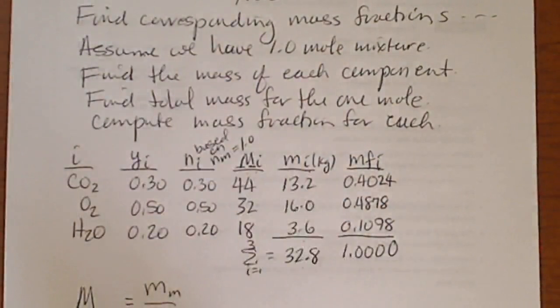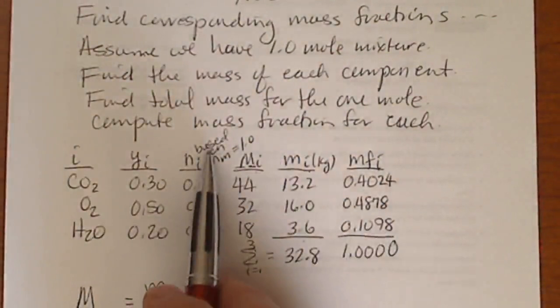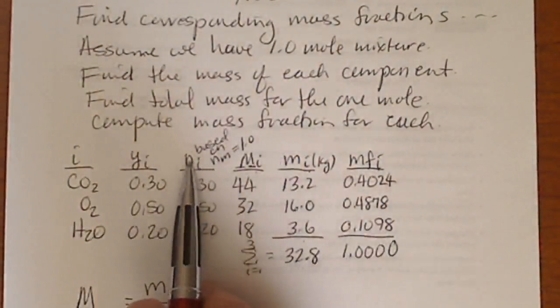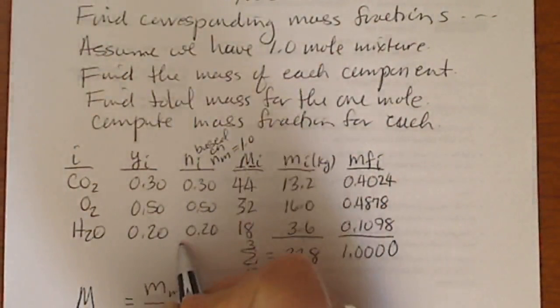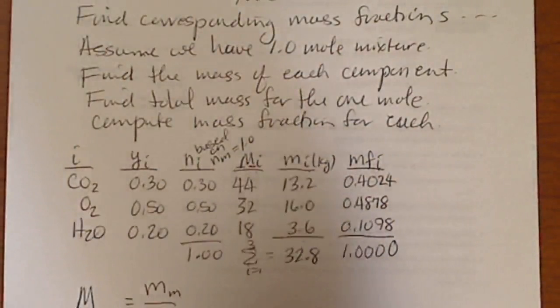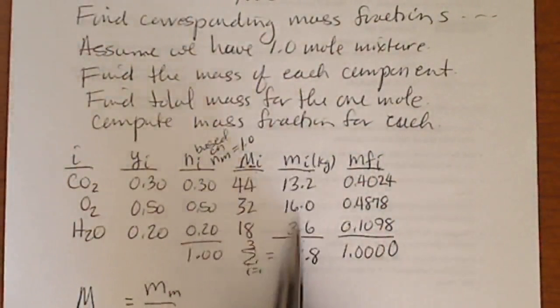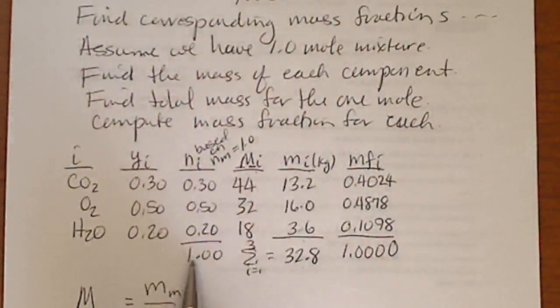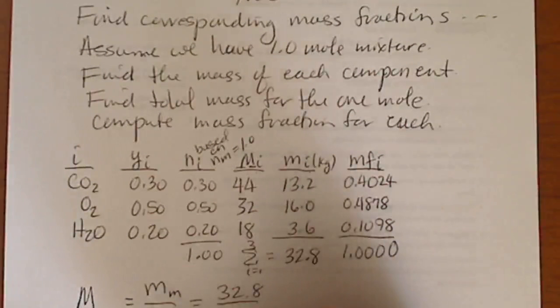And we can generate that from our simple analysis here, because we assumed that we had 1 mole total and these added up to 1, then we just need to find this total mass divided by this total number of moles, and that's going to give us the apparent molar mass for the mixture.